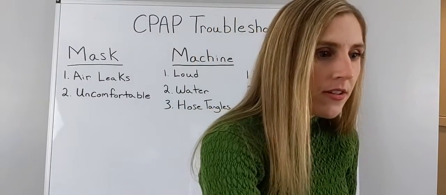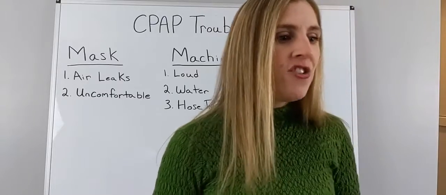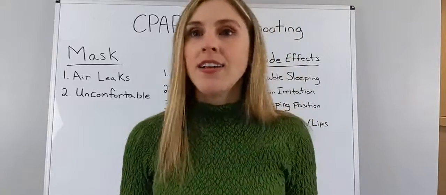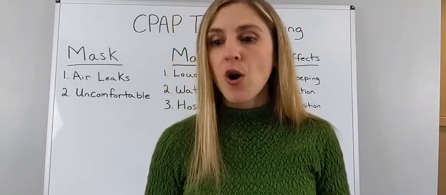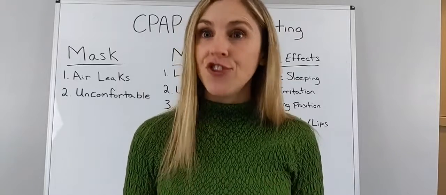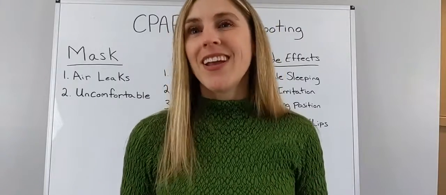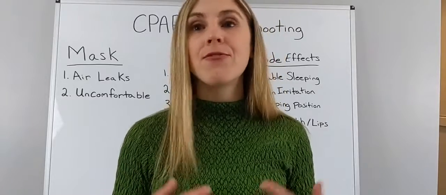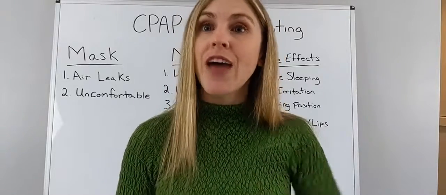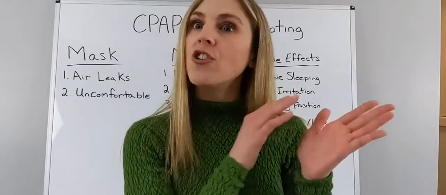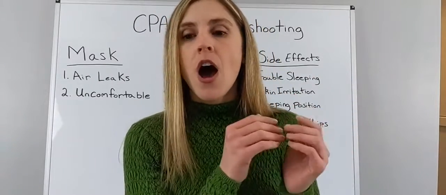Okay. I have a question. Does changing the humidity level on the machine help reduce condensation? Yes, to an extent. Obviously, if you're putting more moisture into your tubing itself, it's more likely that moisture builds up as condensation. If the outside air is cooler than the inside of the tube, that water is going to collect on the outside of the tube.